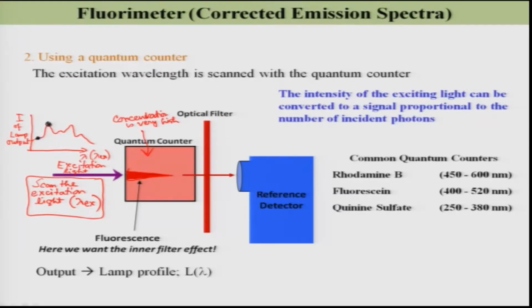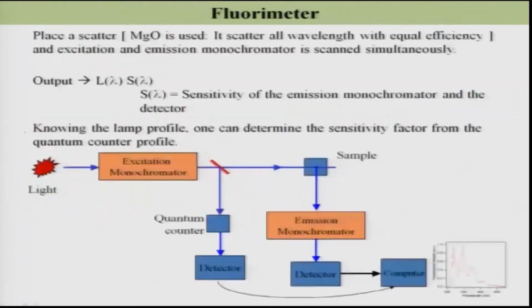So, what I wanted to do is record the total fluorescence intensity in this detector, and that is what I have written here. The intensity of the exciting light can be converted to a signal proportional to the number of incident photons. That means the intensity of the incident light. Now here is my light source, the excitation monochromator, and I have taken this light in this region.